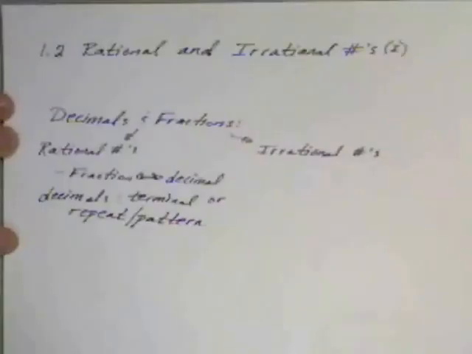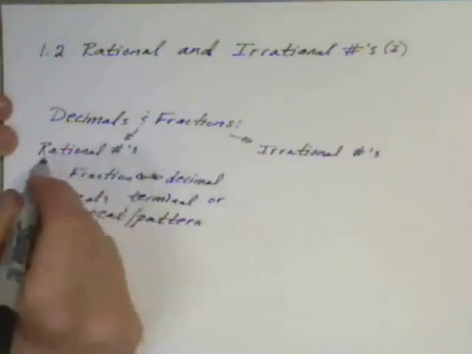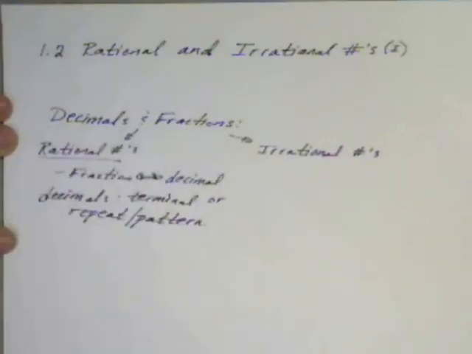And not just a temporary pattern, a pattern that repeats in such a way that you can notate it and actually accurately represent the decimal. If these things are qualified, you're in the rational number section. That's where we're going to start with this lesson.